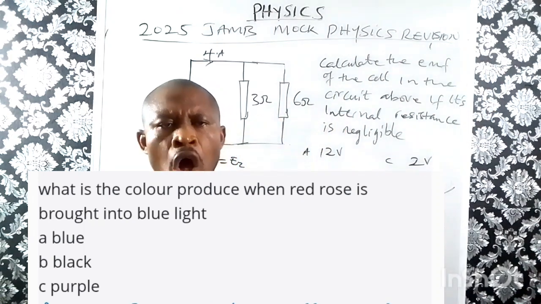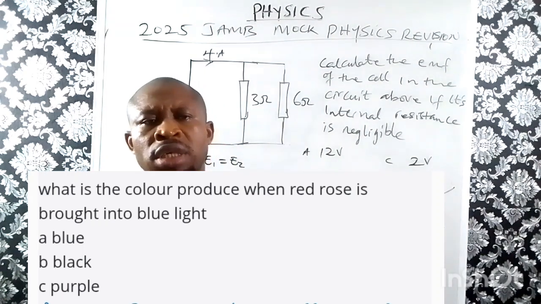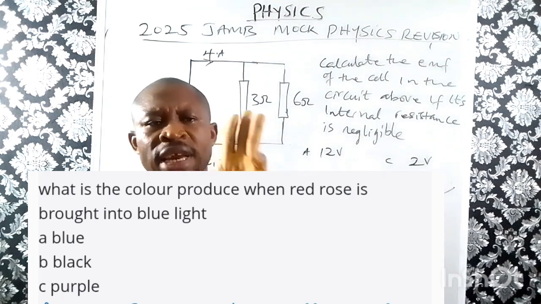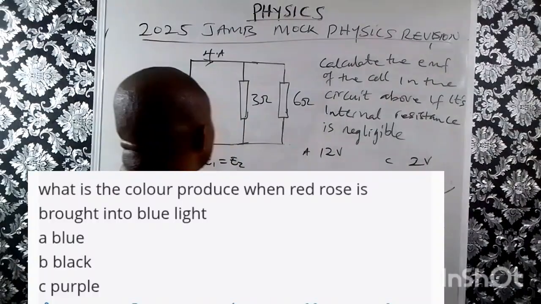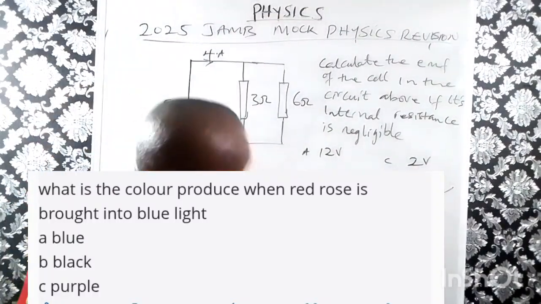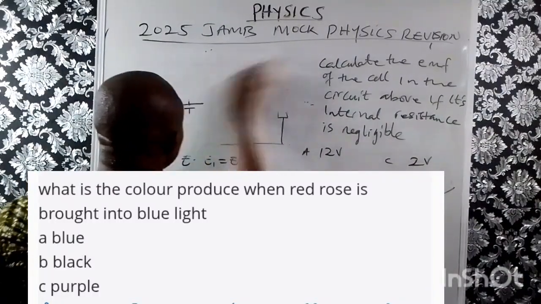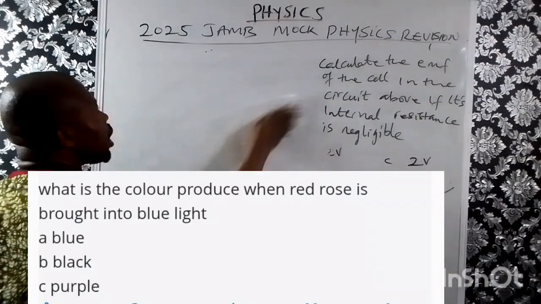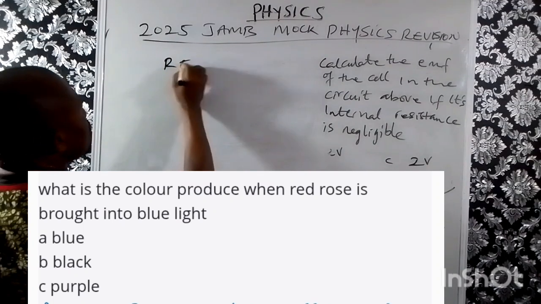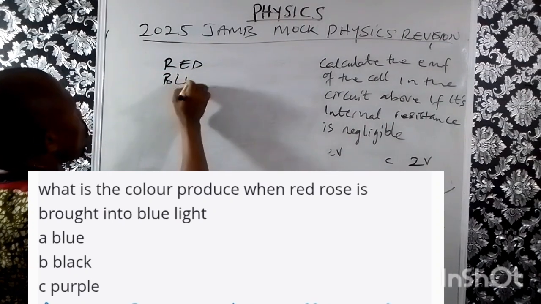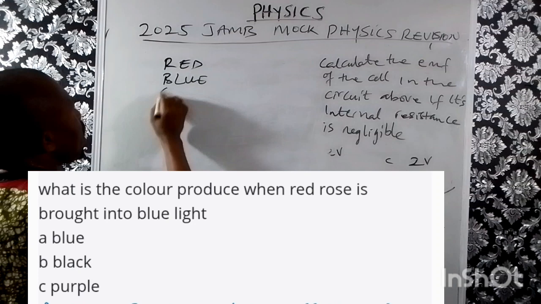The color of a red rose in a blue light. And of course, that will lead us to the 3 primary colors. The 3 primary colors are red, blue, and green.